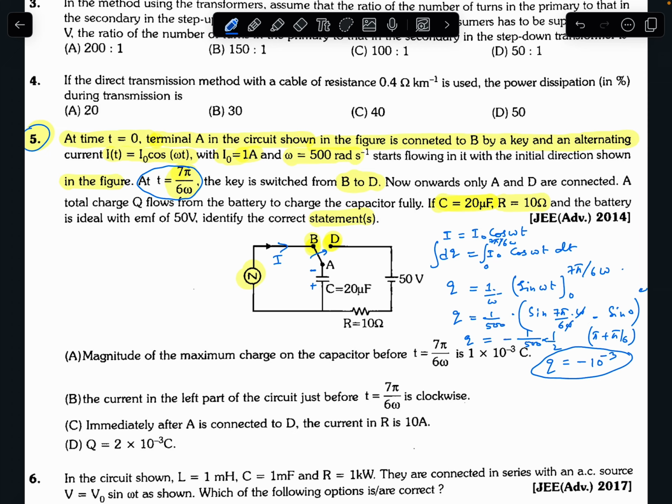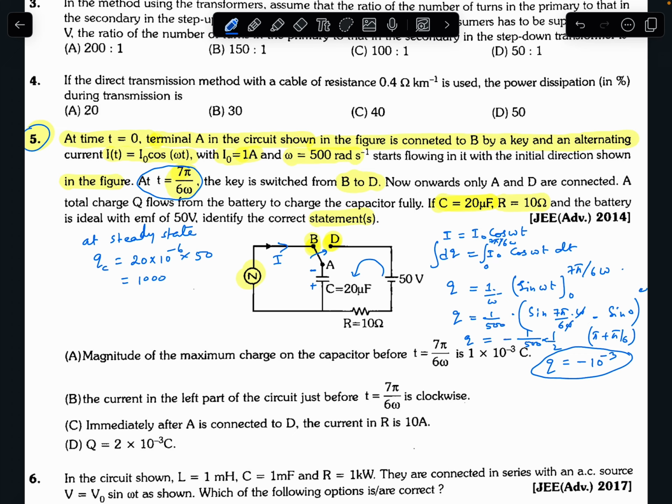Now I shifted the switch from B to D. So as soon as I shift the switch, the capacitor will get charged from this battery. Now what is the final charge at steady state? At steady state, the charge in the capacitor will be, because the resistor drops out, q equal to CV, 20 into 10 to the power minus 6 into V, which is 50.